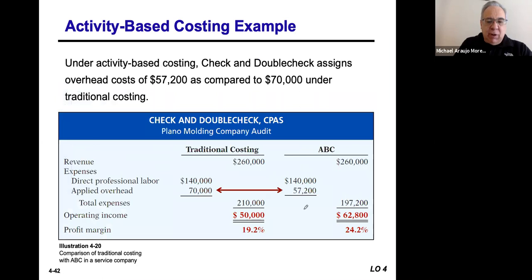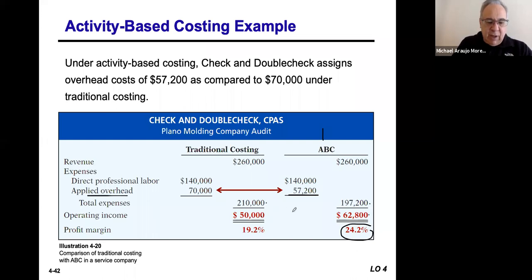Now, when you plug in their actual overhead costs using ABC of $57,200, two things happen. First, their expenses are smaller. Second, their profit is bigger, which means the profit margin on the account is much higher than what was perceived under traditional costing.